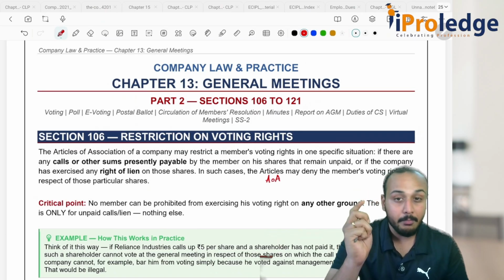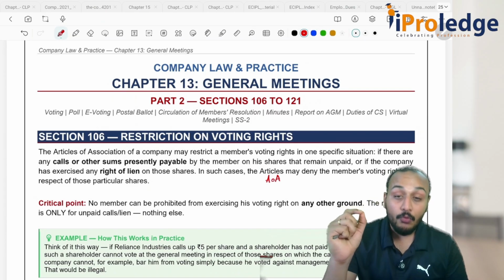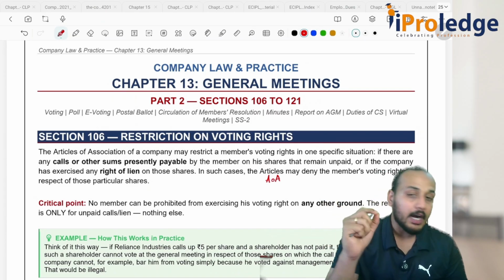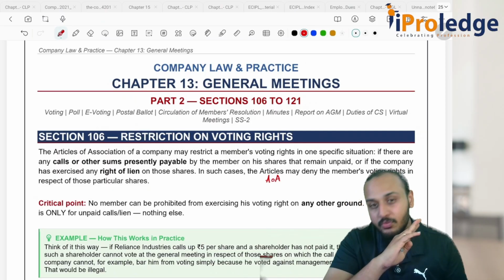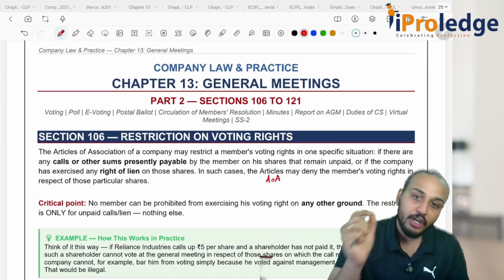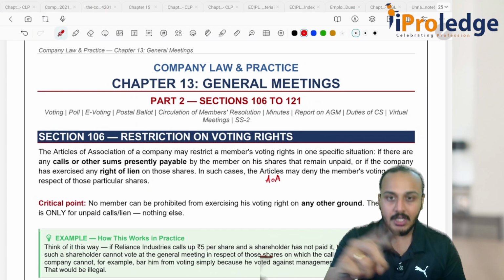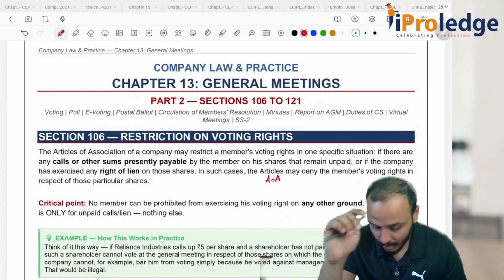What you need to remember is that the restriction on voting rights will only be allowed if the articles of the company allow it. Generally, every company's articles will have this provision. But if this provision is not there, then you will have to amend your articles of association and then put restrictions on voting rights.